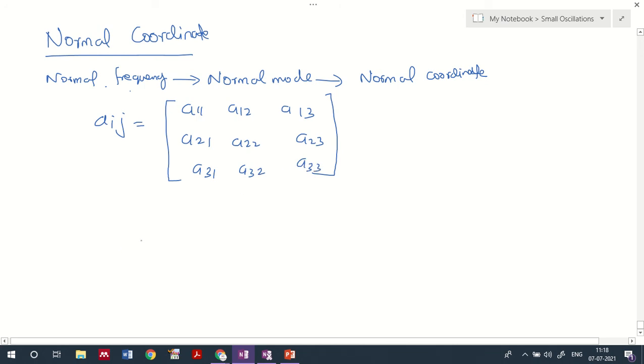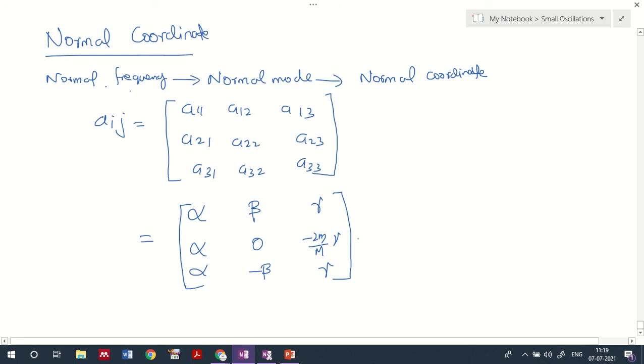We know what A11, A12 and A13 are, so let's substitute in terms of alpha, beta and gamma. The first row is alpha, alpha, alpha; the second is beta, 0, minus beta; and the third is gamma, minus 2m by capital M gamma, and gamma. This is the representation of the matrix.